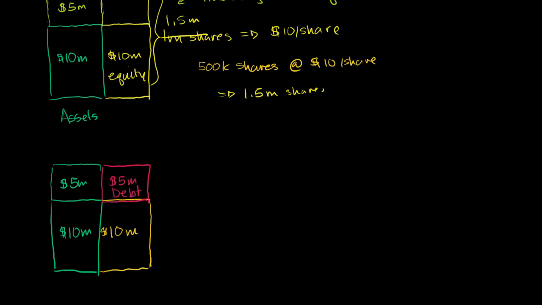So the people that I'm borrowing this money from, this is borrowed money. They don't get a cut of the profits of this company. What they do is they get paid interest on their money that they're lending to us before these guys get any profits at all. In fact, that interest is considered an expense. So these guys get interest.